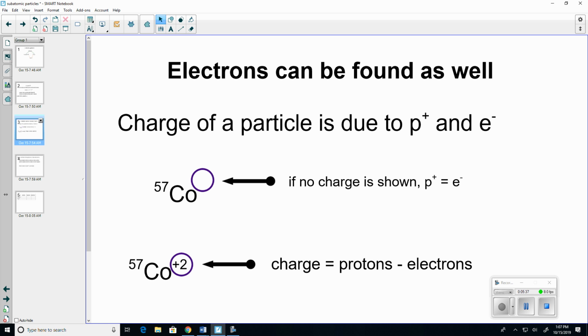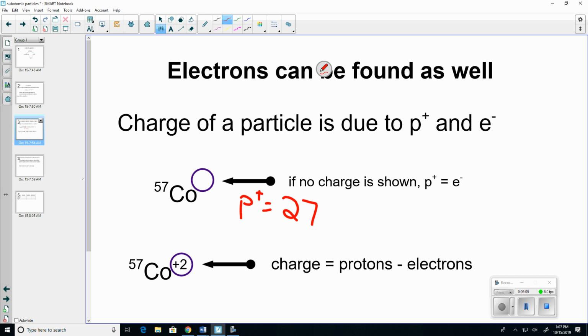If an atom doesn't have a charge, its protons are the exact same as its electrons. On this cobalt 57 here, we said, when you look at the periodic table, that it had 27 positive protons, the atomic number.